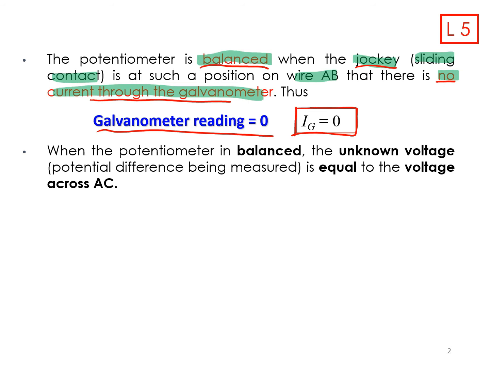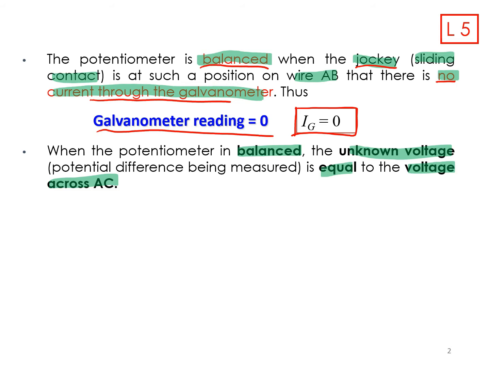When the potentiometer is in balance, the unknown voltage or potential difference being measured is equal to the voltage across AC. I will explain about this later.